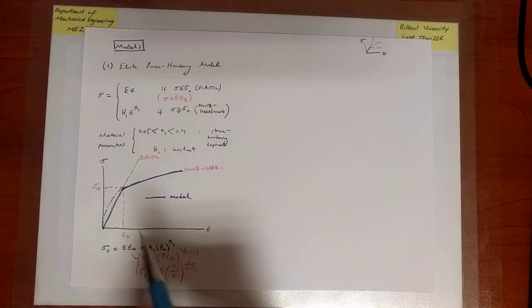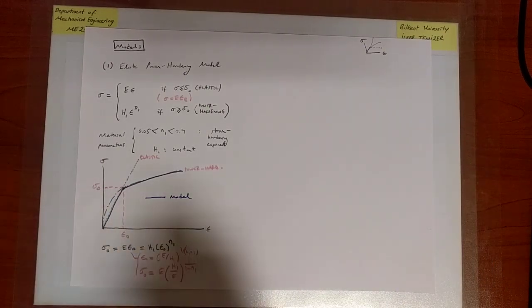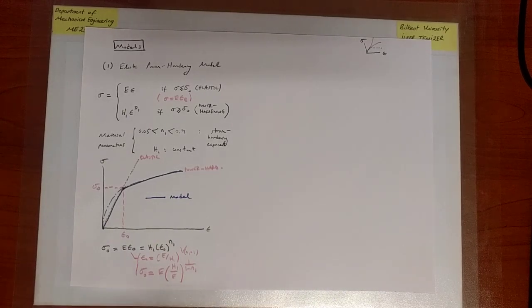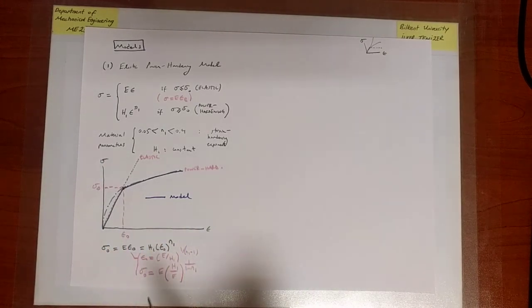Notice that it's predicting a distinct sharp corner, which is very clearly observable, and it indicates yielding, right? We know in experimental observations that this is not quite the case. We don't have a sharp corner, we have a smooth corner. So the next model is going to go ahead and address that.